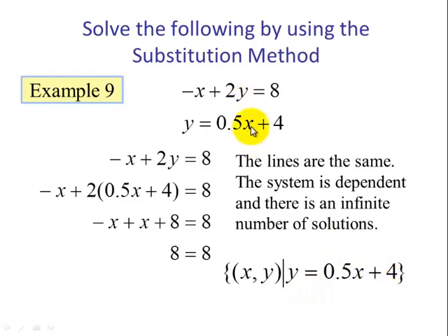So these two equations will yield the same line, y equals 0.5x plus 4. So whatever works for 0.5x plus 4, whatever ordered pair is on this line, is a solution to this system. And there's an infinite number of solutions because there's an infinite number of points on the line.